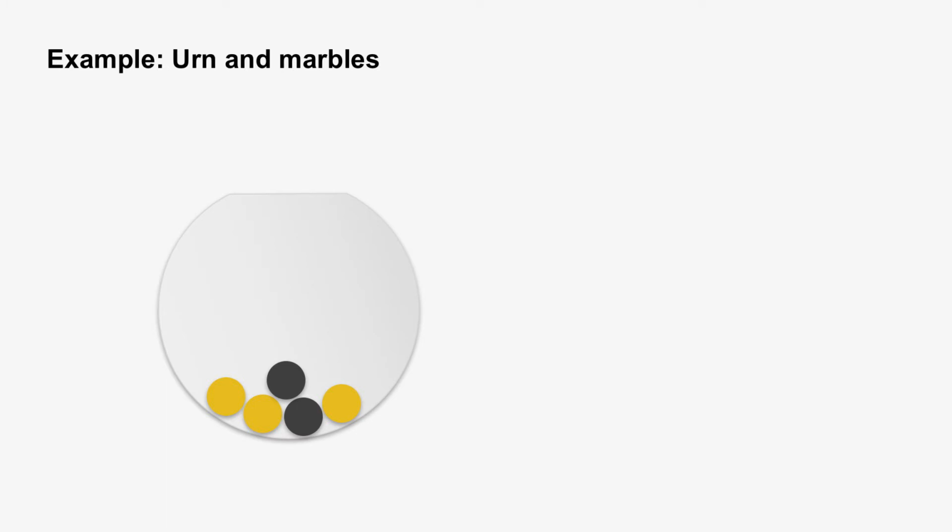Here's the urn and marbles example again. What's the probability of picking a golden marble? There are 3 golden marbles and 2 black marbles, 5 marbles in total. Of course, we immediately see there's 3 in 5 chance here. But how do we express this more formally? First, let's define the simple event, A1, as picking golden marble 1.